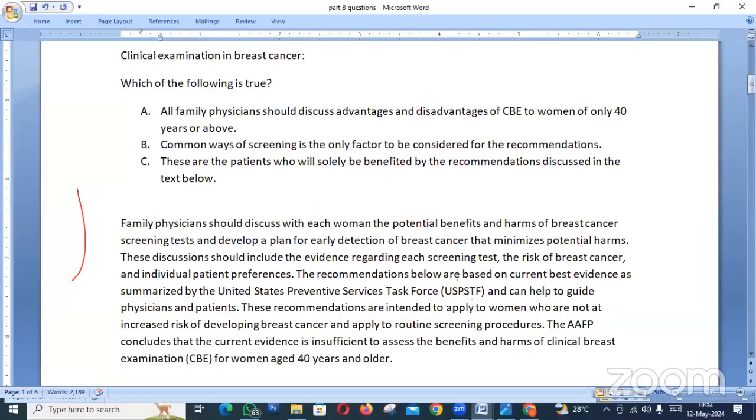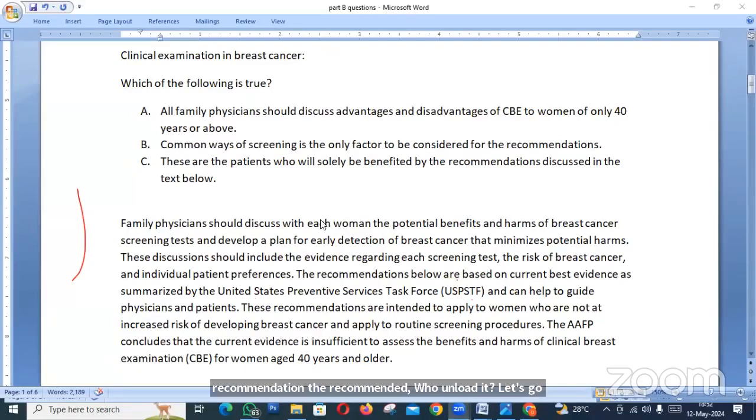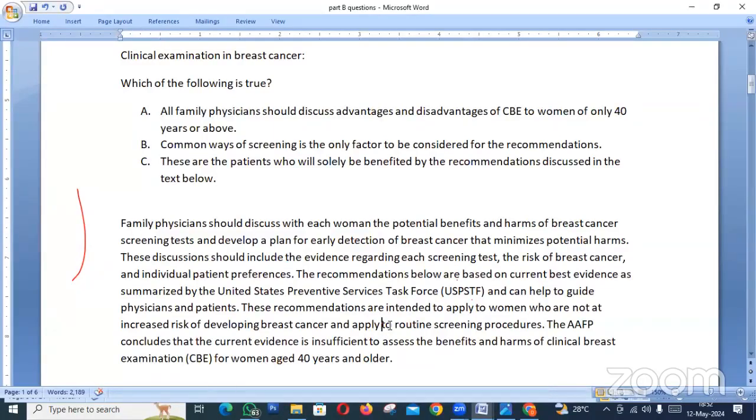Common risk screening is the only factor to be considered for the recommendation. The recommendations are intended to apply to women who are not at increased risk of developing breast cancer.